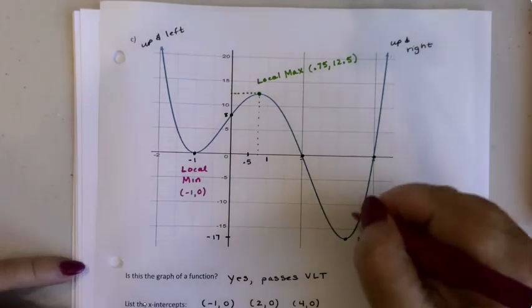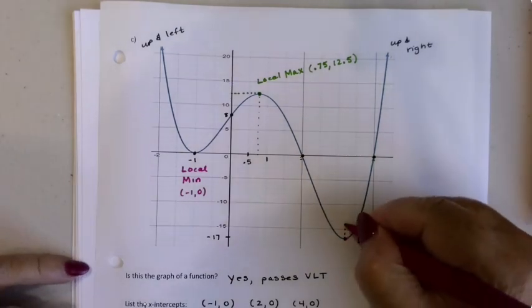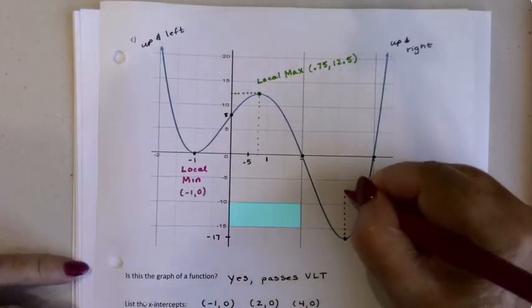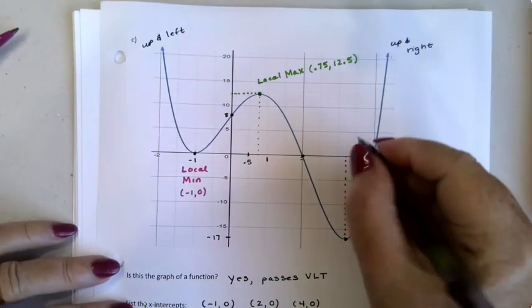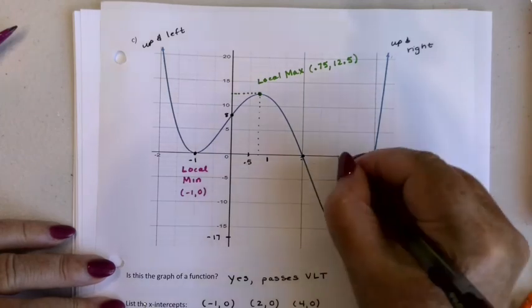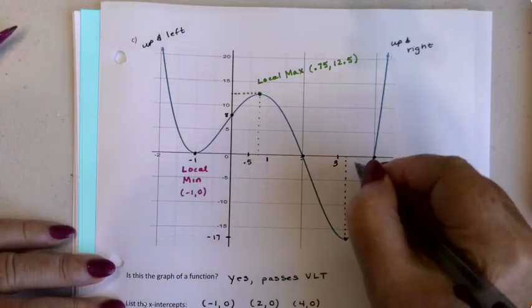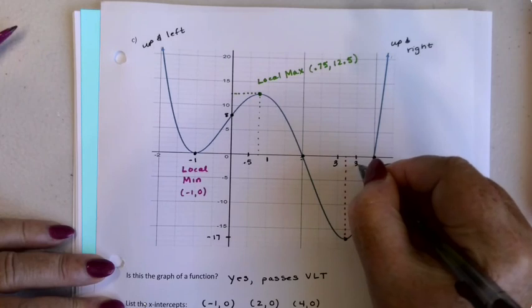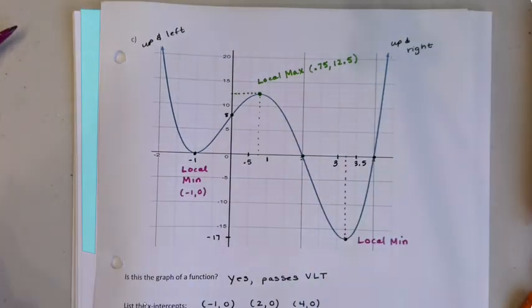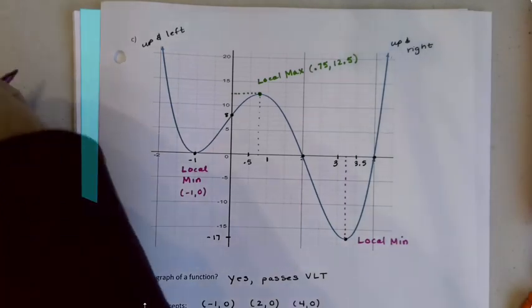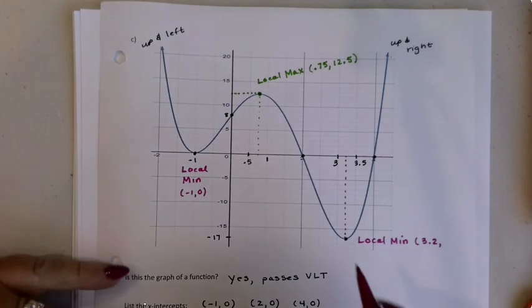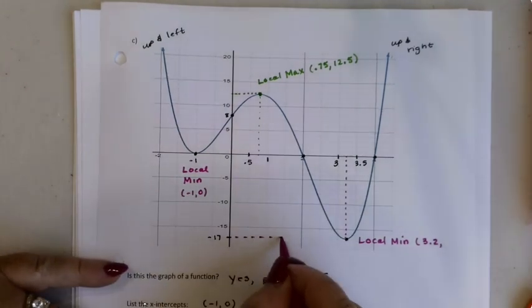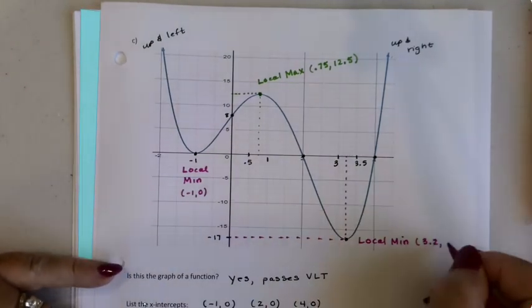And let's see here, what have we got? See, this was 2 and 4, so this would be 3. This would be 3.5. So I'm going to estimate that as about 3.2. The y value, we've actually already talked about that one. Looked like it was negative 17.